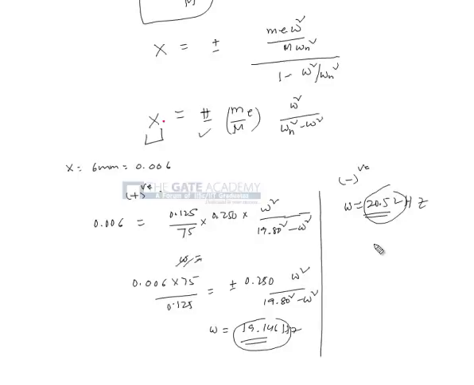So the same 6 mm I can get using two angular velocities. What is asked is the minimum angular velocity which gives my steady state response amplitude to be 6 mm. So that is 19.146, which is close to option 19.6. There might be some calculation error here and there. So the answer is C. Thank you.